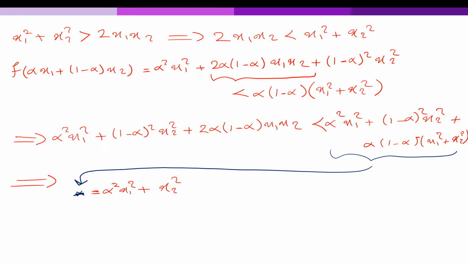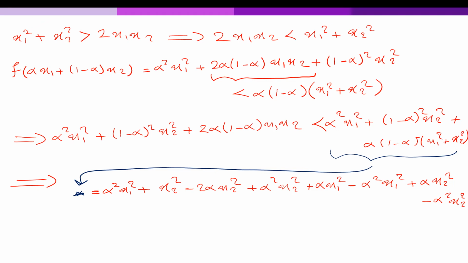That will be x2 squared minus 2 alpha x2 squared plus alpha squared x2 squared, and plus alpha x1 squared minus alpha squared x1 squared plus alpha x2 squared minus alpha squared x2 squared, and I hope that I'm correct in here.